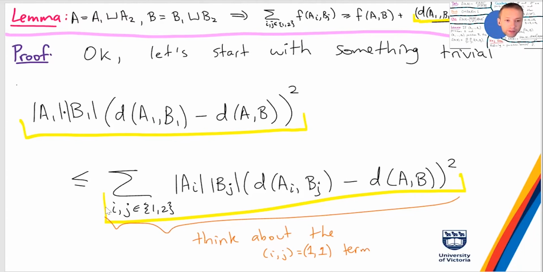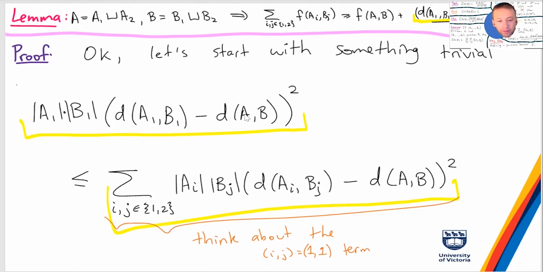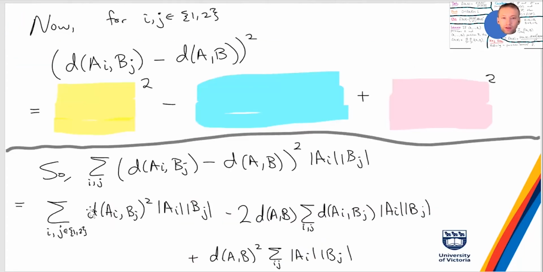So the stuff on this side of the inequality is bigger than the other side because it's just got more stuff, which is all non-negative.